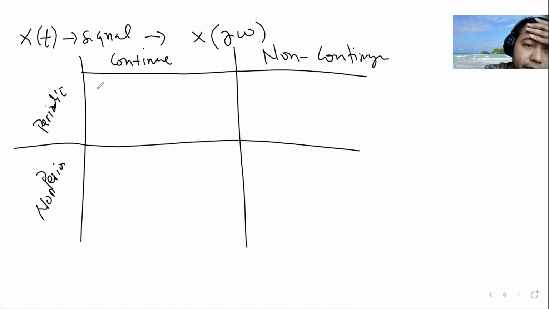For example, periodic and non-continuous is like sin(ωt)... this is periodic.